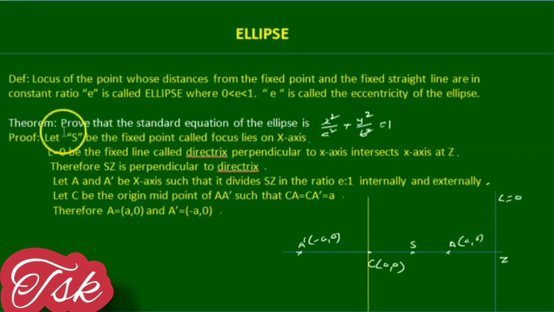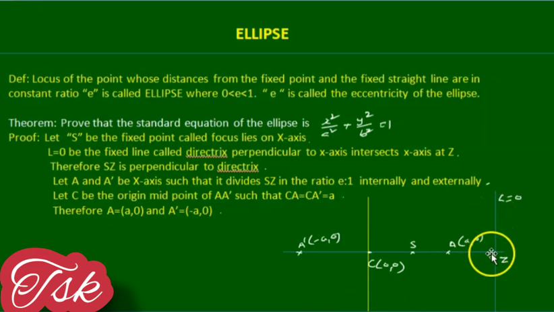Next we move to the theorem. Prove that the standard equation of the ellipse is x square by a square plus y square by b square equal to 1. Let us consider a fixed point S on the x-axis called the focus, and the fixed line perpendicular to the x-axis, the directrix, intersects the x-axis at Z. Therefore, SZ is perpendicular to the directrix.